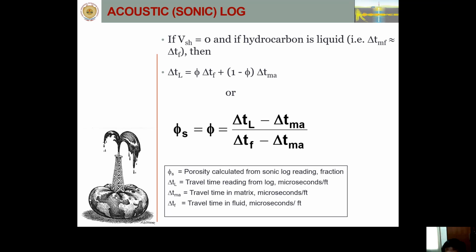Phi S is equal to porosity calculated from sonic log reading, which is fraction. Delta TL is the travel time reading from log, microseconds per feet. Delta T matrix is the travel time in matrix, microseconds per feet, and delta TF is travel time in fluid, microseconds per feet.